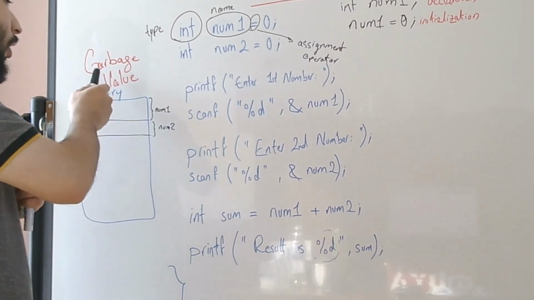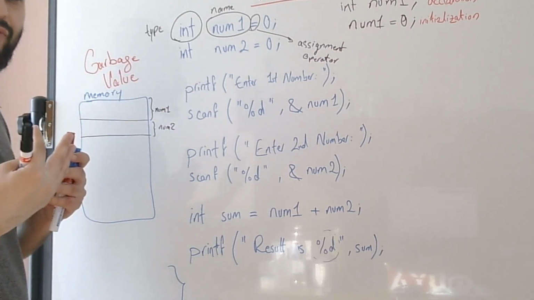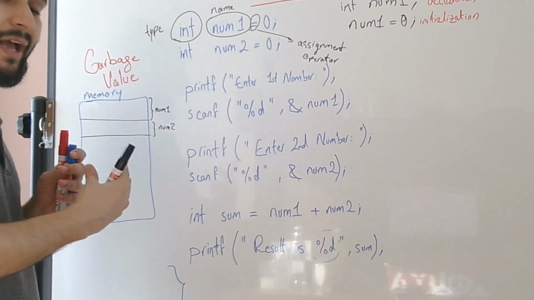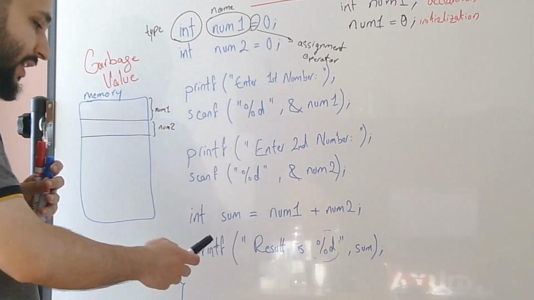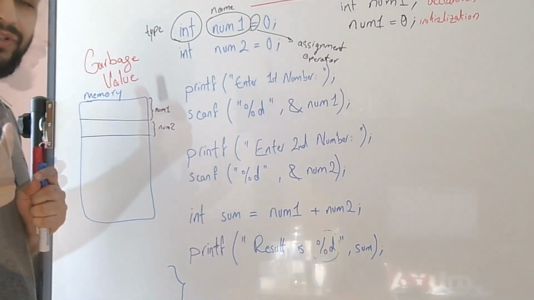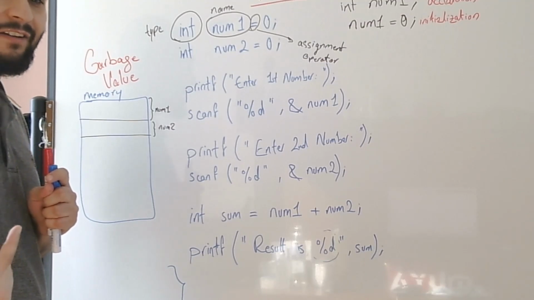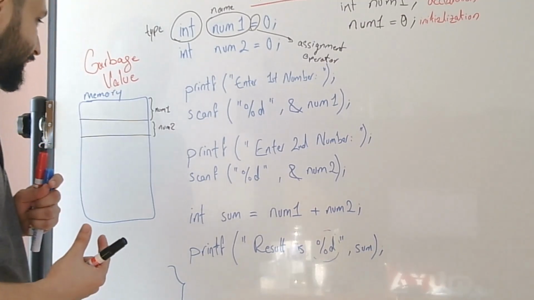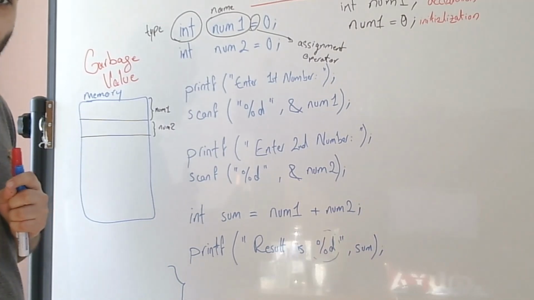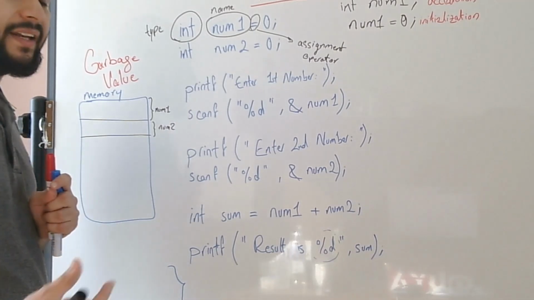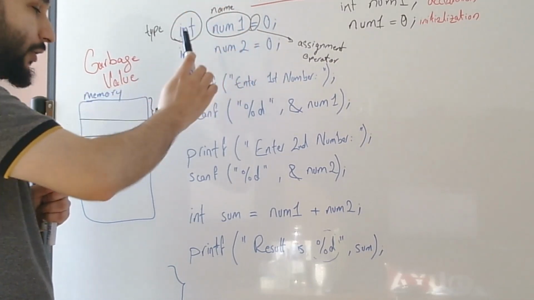And these garbage values result in our program having an unexpected output, as we got the value of sum, and it was not possible for us to determine or predict that value beforehand. That's what we want to avoid at all costs, and that's why, once again, it's a good practice to always initialize your variables.